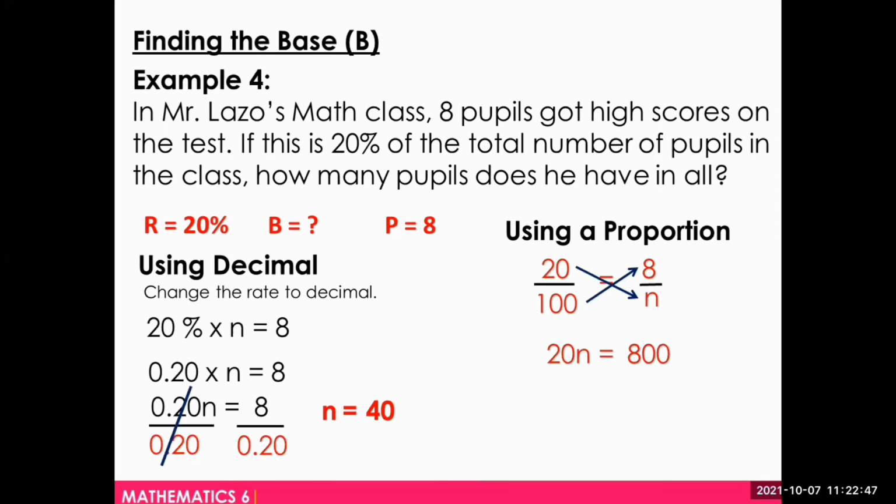I-divide natin both numbers by 20 since katabi ng variable na N ang 20. So i-cancel lang natin ang 20 para maiwan si letter N. And 800 divided by 20 is equal to 40. And that is our answer. The base is 40. 40 lahat ang pupils ni Mr. Lasso sa kanyang math class.